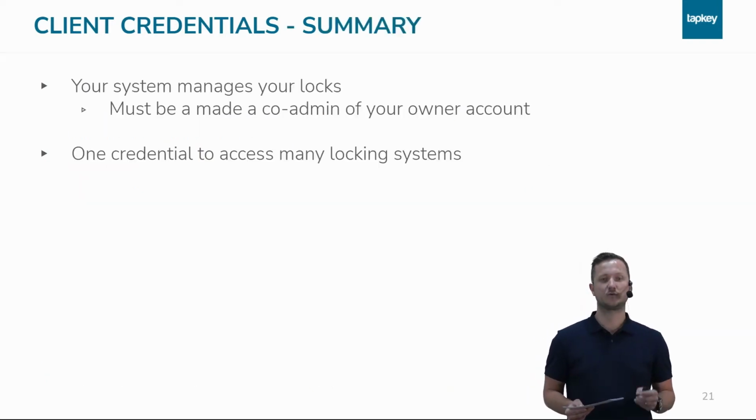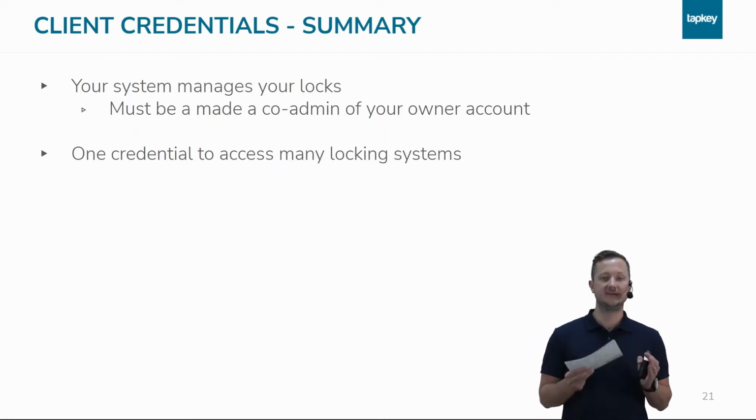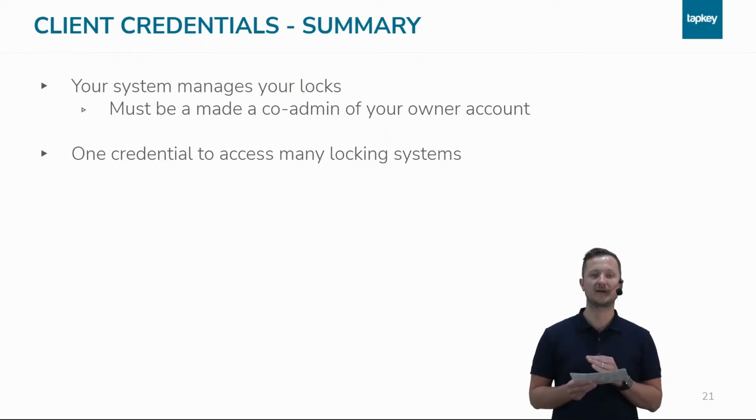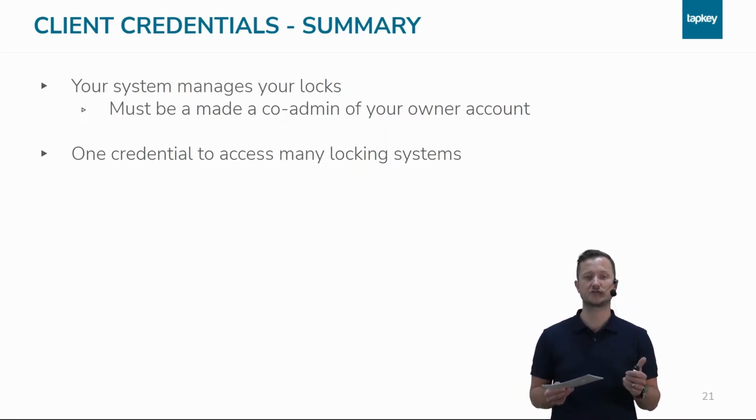To summarize what has been said, client credentials is used when your system manages your own locks. This client acts on its own behalf and therefore needs to be made a co-admin of the locking system. You can make this client co-admin of many locking systems, of course, but the downside is that you will be using only one credential to access them all.